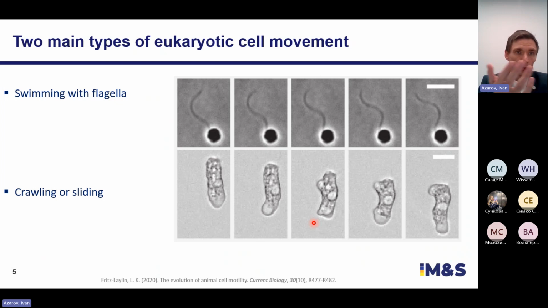We know two main types of eukaryotic cell movement. It is swimming with flagella.